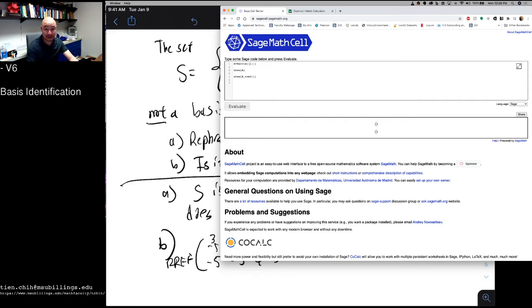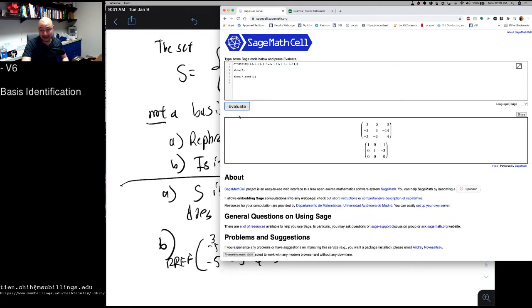We can enter the various rows of our matrix: 3, 0, 3, then -5, 3, -14 for the second row, and for the last row it's going to be -5, -3, 4.